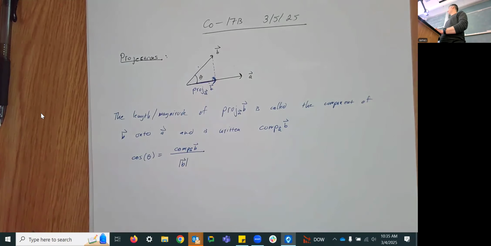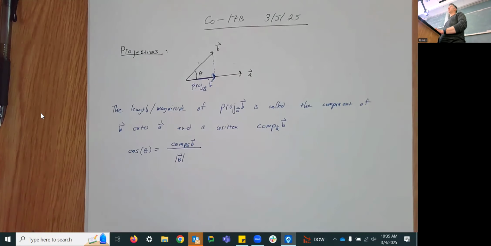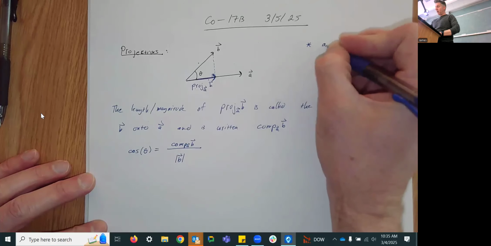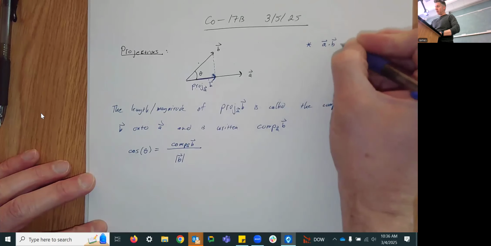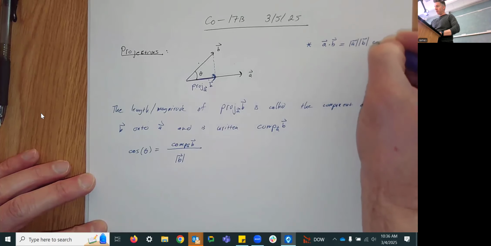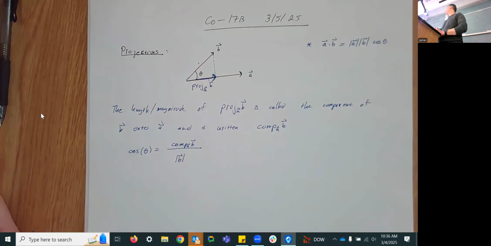A good rule of thumb with vectors: if you see a cosine, it means you're probably going to use the dot product eventually. So here's what we're going to do. We're going to multiply both sides by the things we need so that the dot product shows up. Just as a reminder, A dot B is equal to the magnitude of A times the magnitude of B times the cosine of the angle between them.